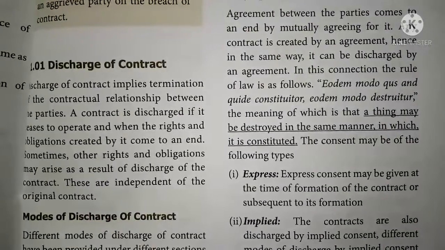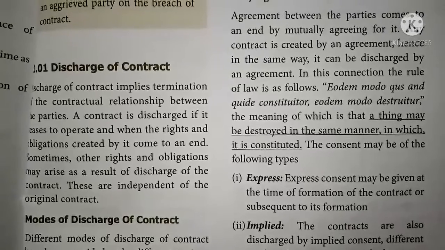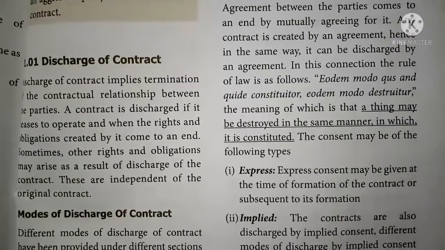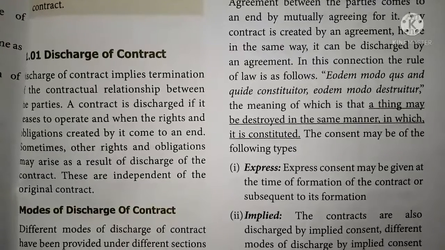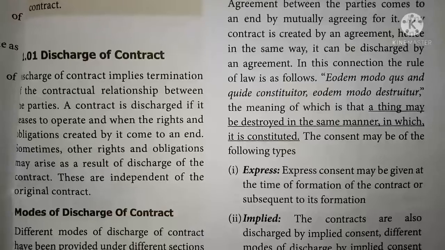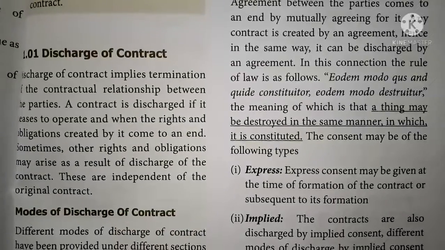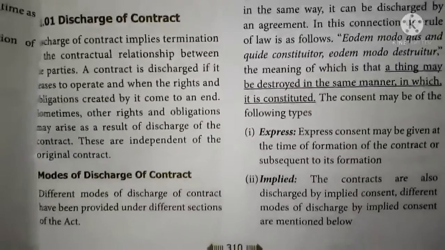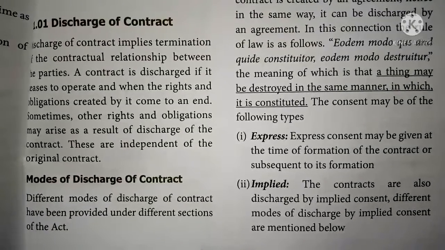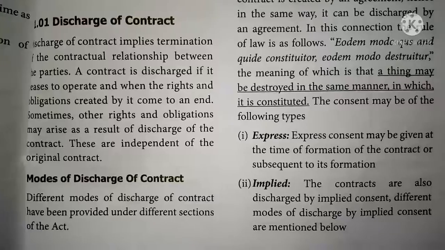The consent may be of the following types: one is express, the next one is implied. Express consent may be given at the time of formation of the contract or subsequent to its formation. But contracts are also discharged by implied consent.